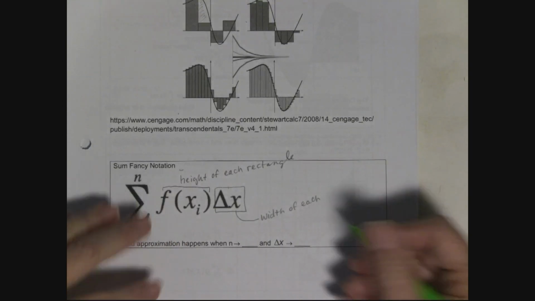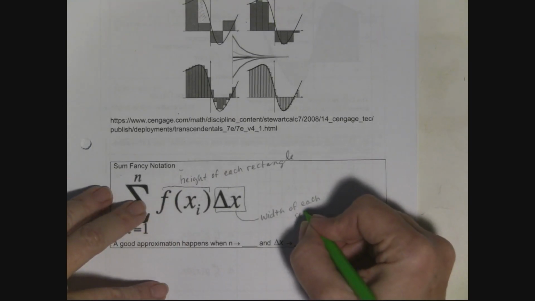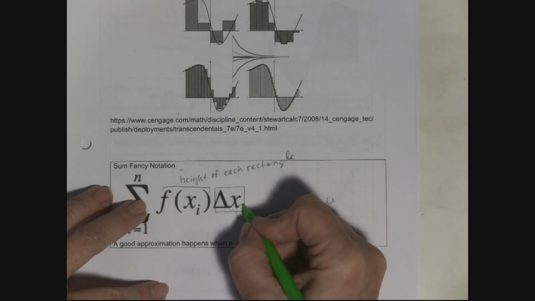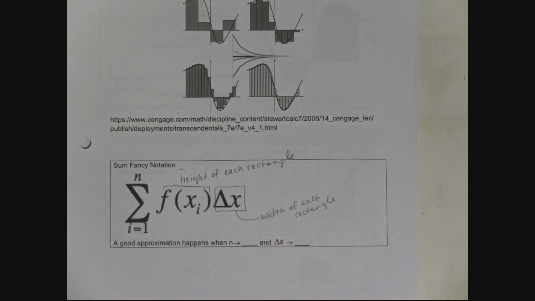But I'll tell you that they don't have to be the same width. If they're not all the same width, they'll put an i on there. So the width of rectangle 1 is not the same as the width of rectangle 2. You can imagine it makes it all very complicated. You can still find it, but you're having to do so much math to find it, with the width of each rectangle being different.